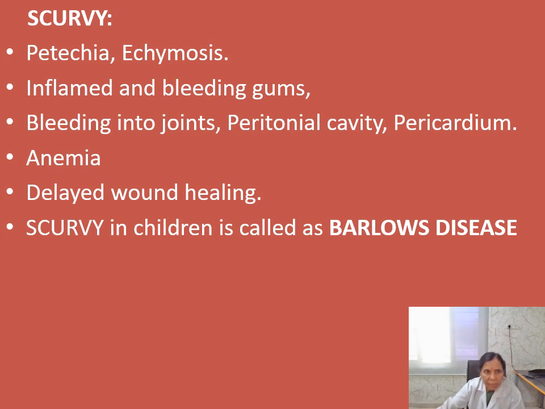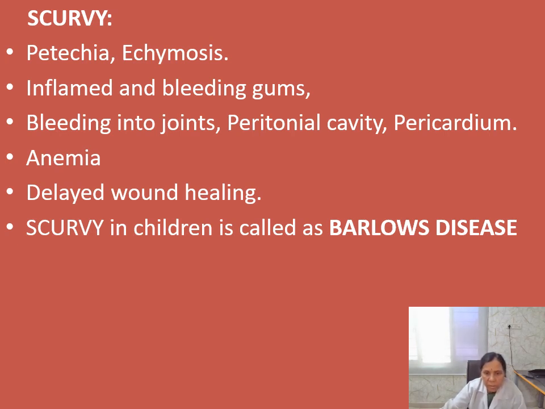And scurvy is one of the important deficiency disorders of vitamin C. See, bleeding through the gums, petechiae and ecchymosis in the skin, inflamed gums, bleeding into joints, peritoneal cavity, and pericardium. With this bleeding, anemia we can see, and wound healing will be delayed when vitamin C is deficient.